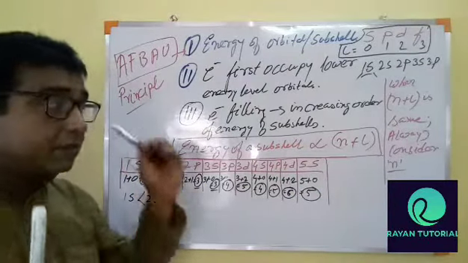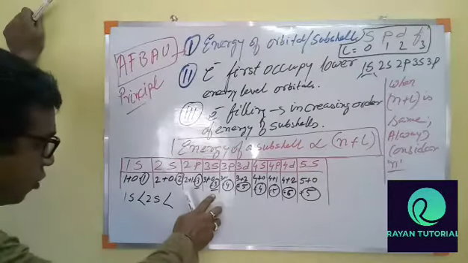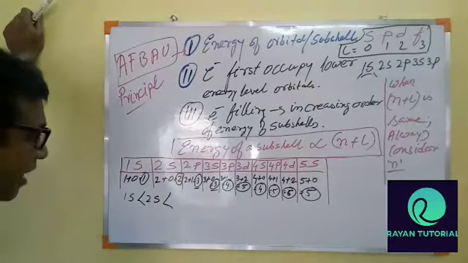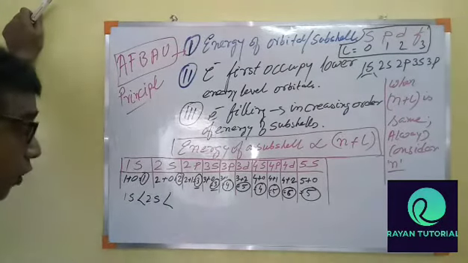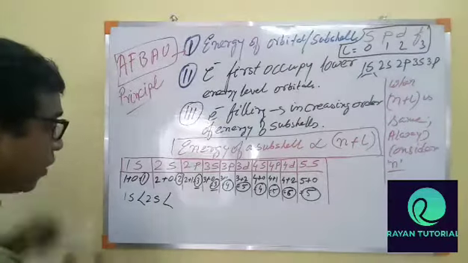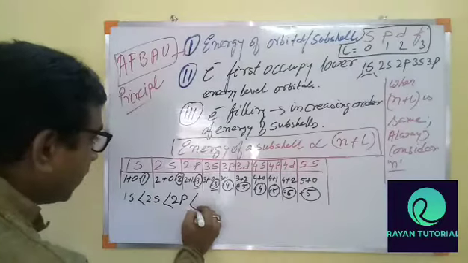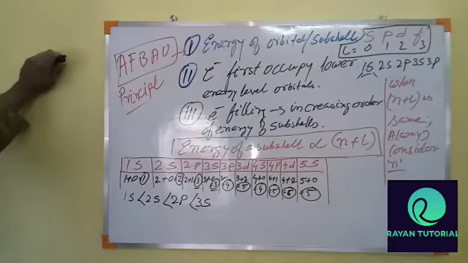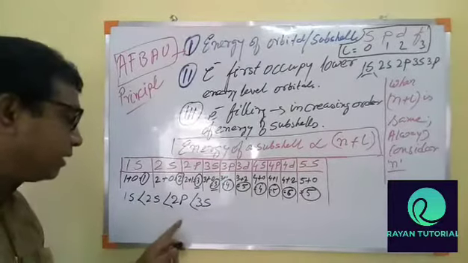If N is bigger, that means energy is bigger. So here you see, this is also 3, this is also 3. Now let's check for N. Here N is 2, here N is 3. So which one has lower energy? This one. So first I should write 2p, then I should write 3s. Understood? Here is the trick.